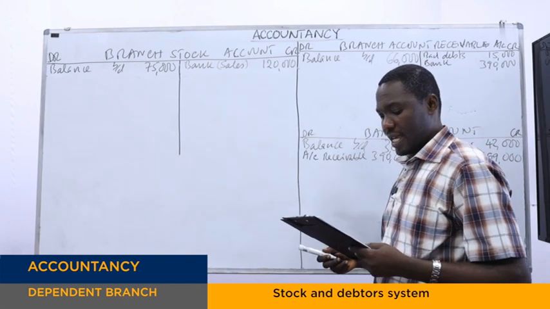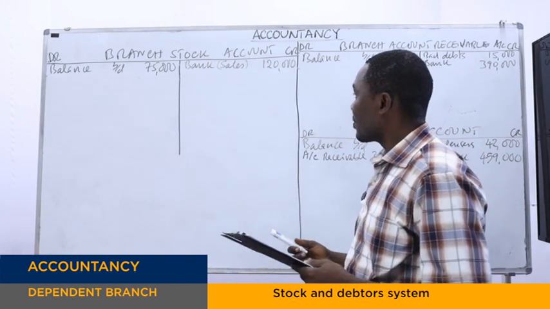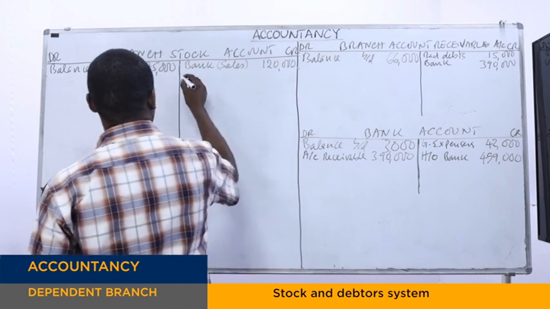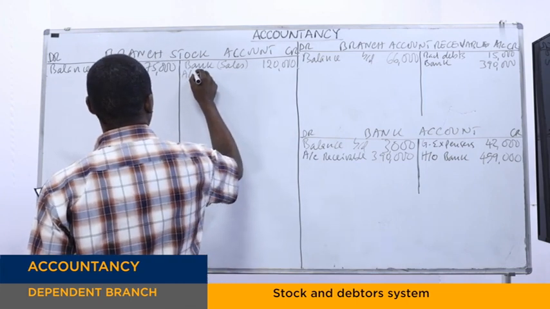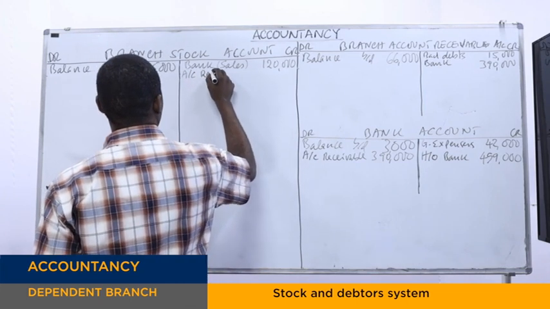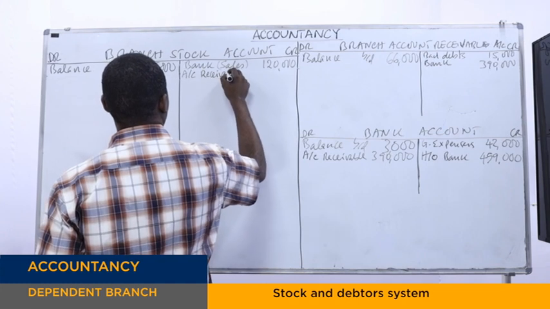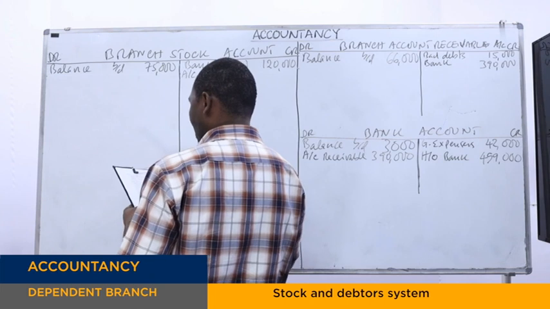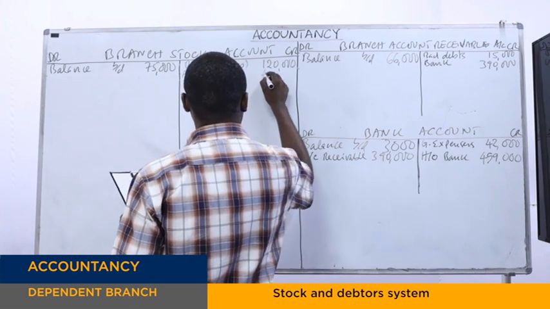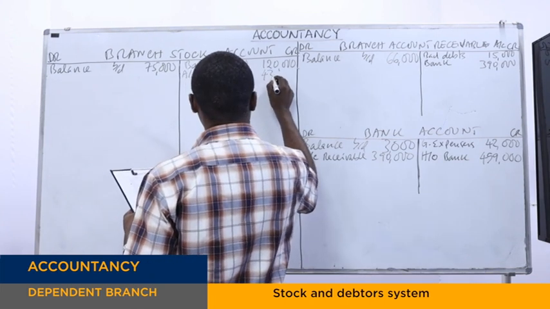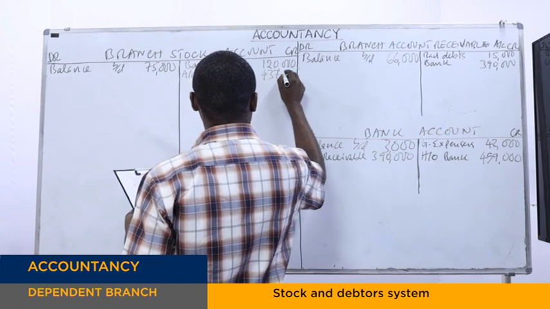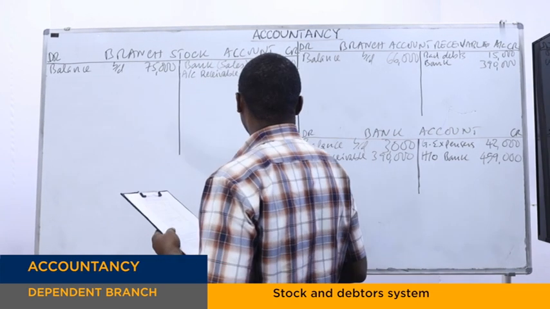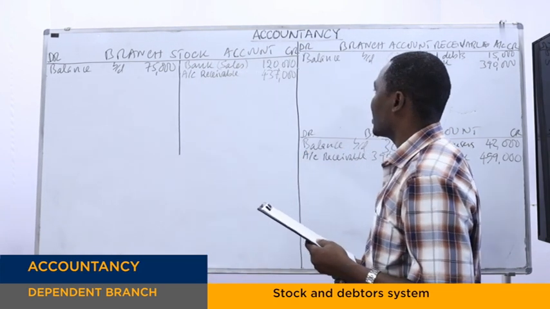Okay. There are credit sales. Credit sales will be transferred to account receivable. Account receivable is 437,000.